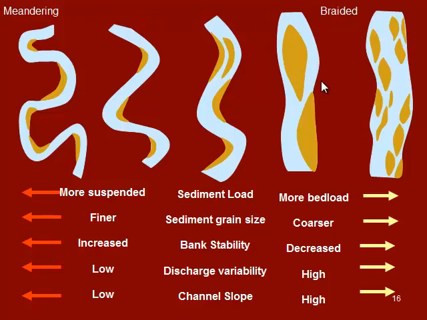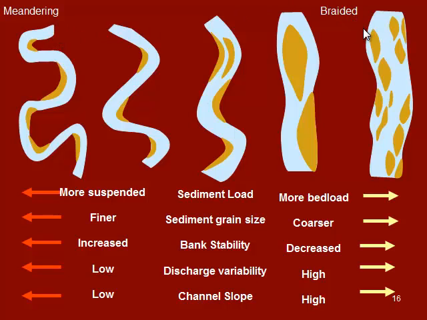The difference here, with the more braided channel, we're going to have more bed load, more material moving along the bed of the river, whereas in the meandering river channels there's more suspended load. Grain size, finer for meandering rivers, coarser for braided. And then the stability of the banks, so how stable are those river channel banks, so these channel bars in this case, these bars on the inside of the bends, they're more stable in meandering because that doesn't change quite as much as the braided.